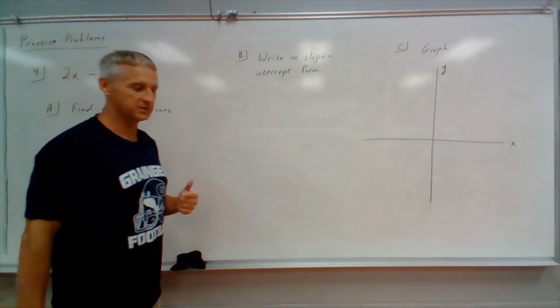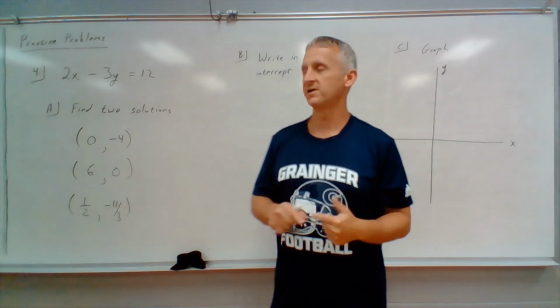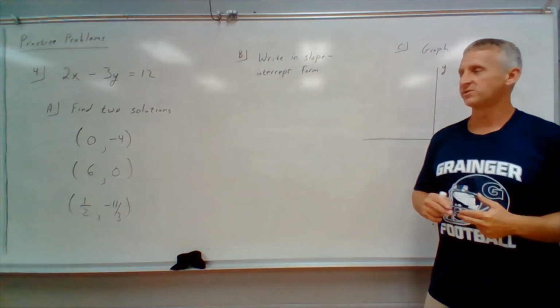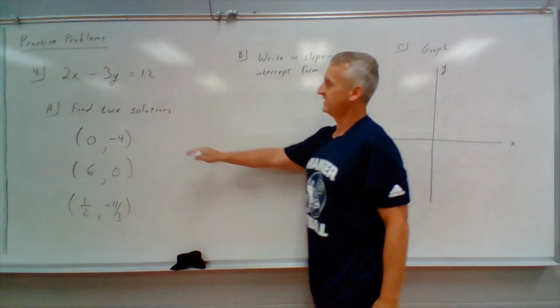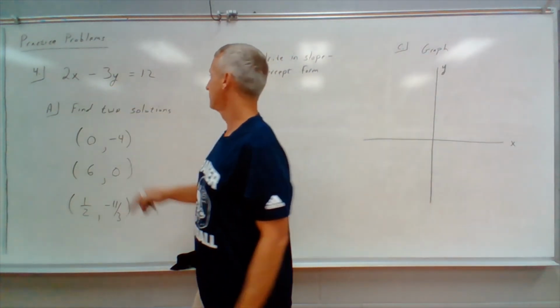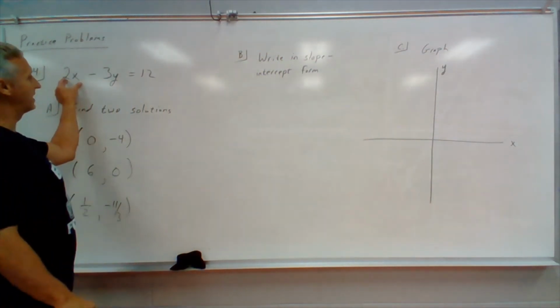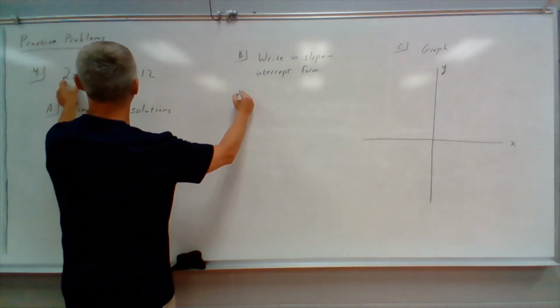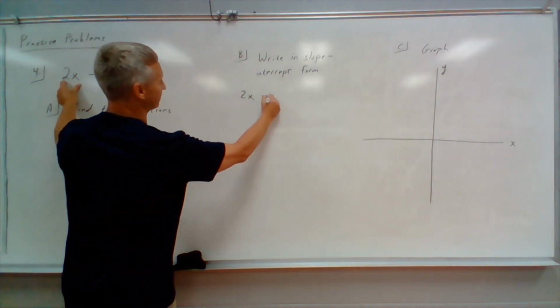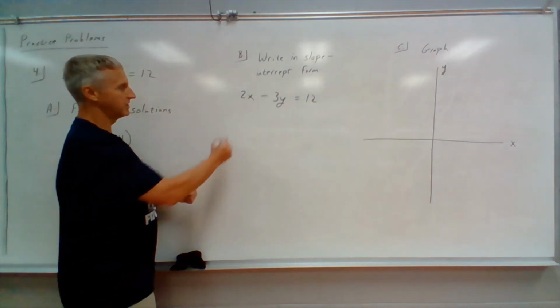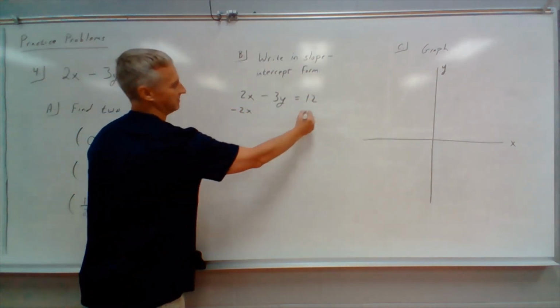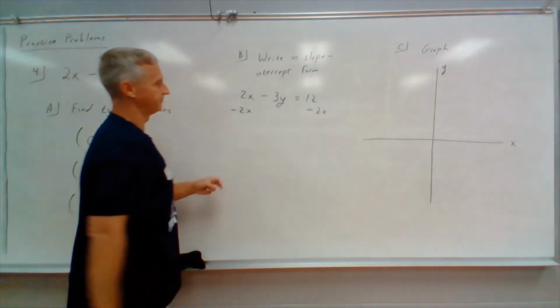So remember slope-intercept form, the slope and the y-intercept. Slope-intercept form is y equals mx plus b. So I need to get the y by itself. So I'm going to subtract 2x from both sides. Let me start by just recopying the equation. Right, so I'm going to subtract 2x from both sides.